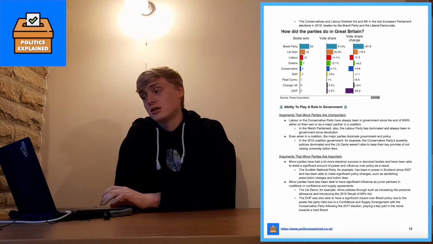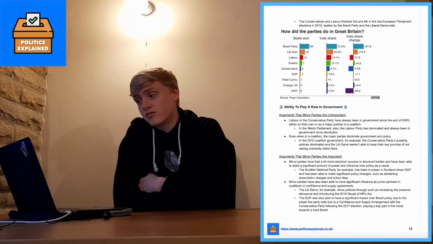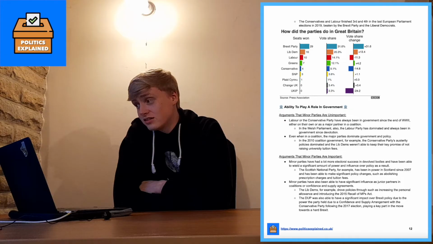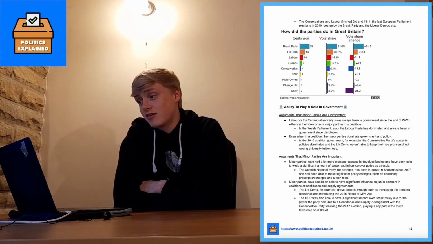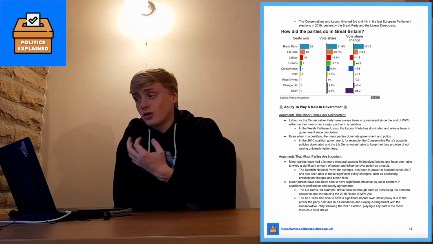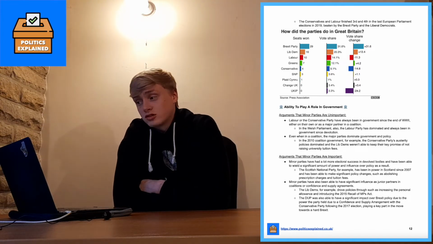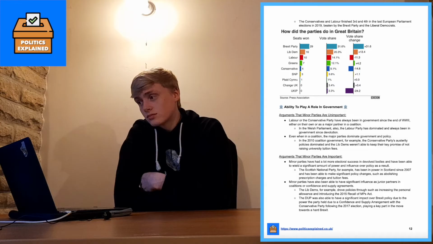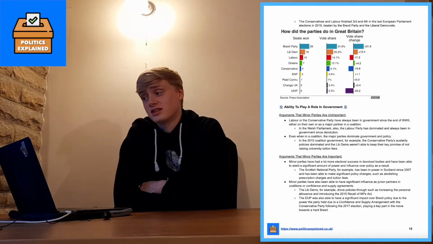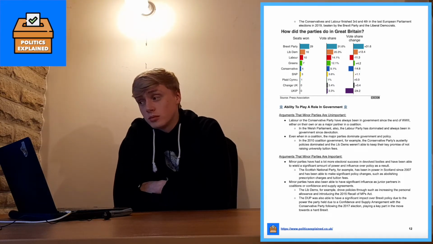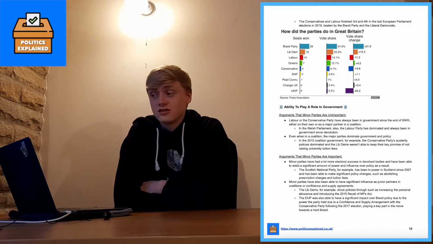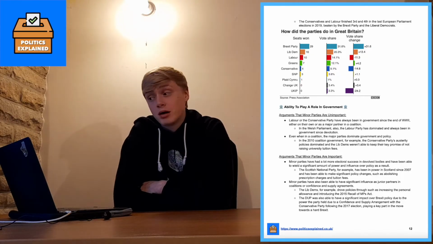In terms of arguments that minor parties are important in terms of playing a role in government, they've been able to have a lot more electoral success in devolved bodies and have therefore been able to wield a significant amount of power and influence over policy as a result. The SNP, for example, has been in power in Scotland since 2007 and has been able to make significant policy changes, whilst minor parties have also been able to have significant influence as junior partners in coalitions or confidence and supply agreements in the UK Parliament.